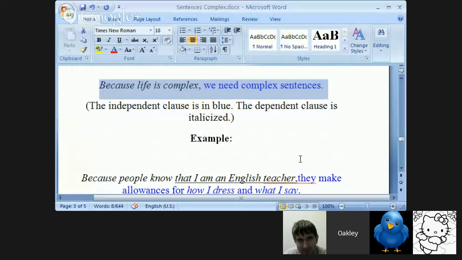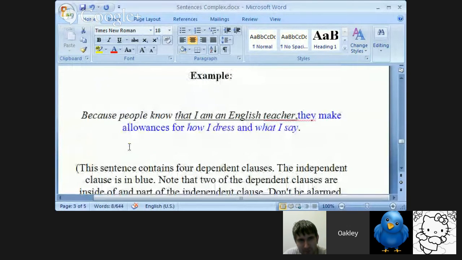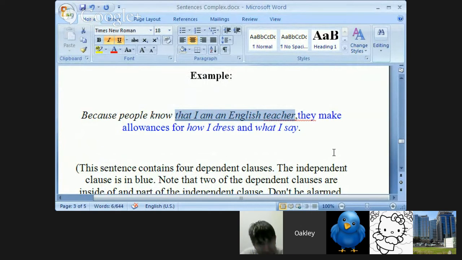Now, here's another example. Because people know, and here's our dependent clause, relative clause, adjective clause, whatever you want to call it, all of the above in the middle. Because people know that I'm an English teacher, they make allowances for how I dress and what I say.